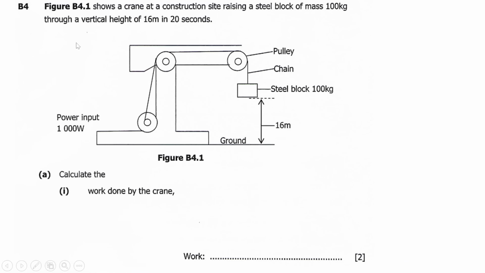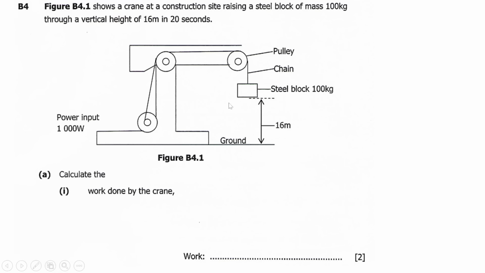B4 says Figure B4.1 shows a crane at a construction site raising a steel block of mass 100 kg through a vertical height of 16 meters in 20 seconds.